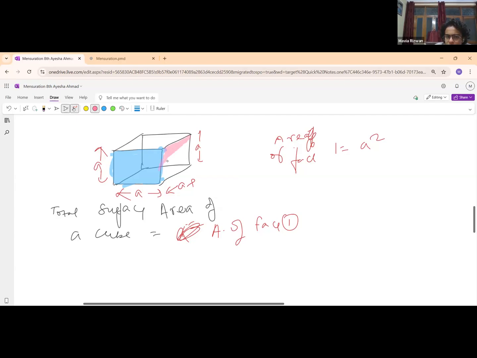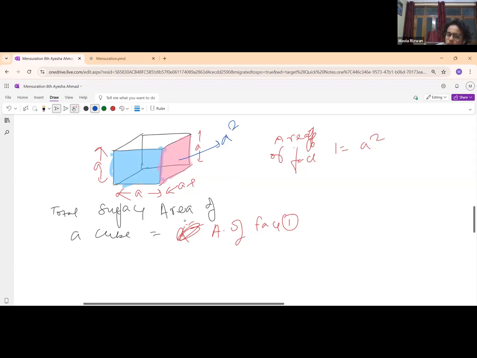If you look at this square, what would be the area of this square, Aisha? a into a, so that is a square. So face 2 is also a square. So you must have got an idea that every face area is coming a square, right? How many faces are there?